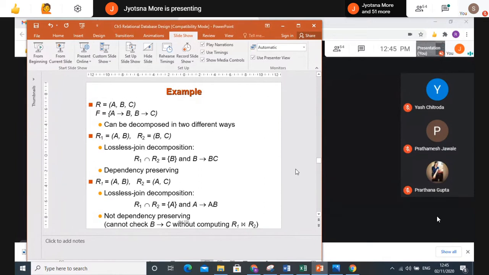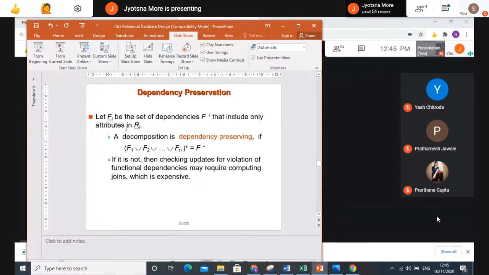The proper formal statement is: a decomposition is dependency preserving if the closure of F1 union F2 equals the closure of the set of functional dependencies which is given to you. Okay, so that is known as a test.